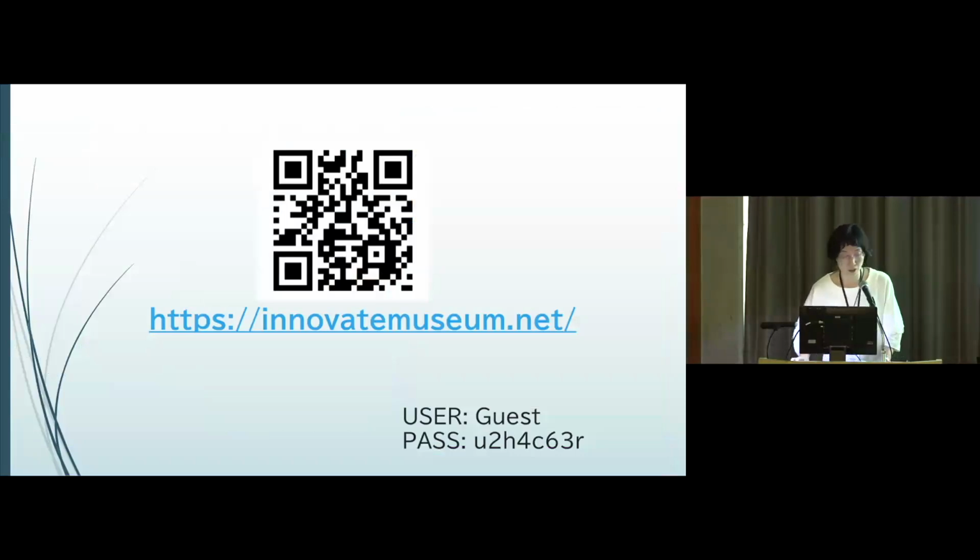This is the URL and barcode, ID and password. Again, this is developed for Japanese specimens. I'm not so sure what happens if you try specimens from abroad. Anyway, let's try, and please let us know if you tried and what happened.